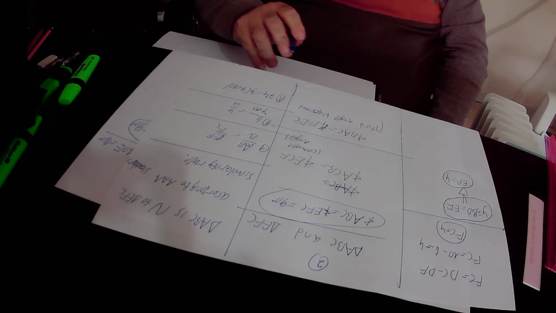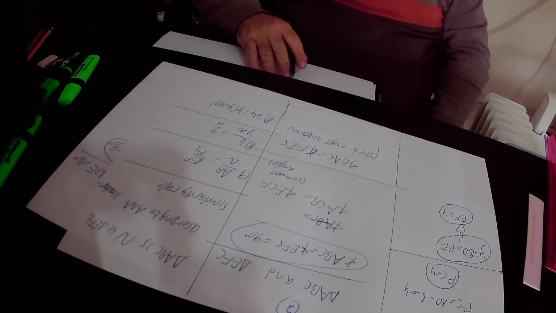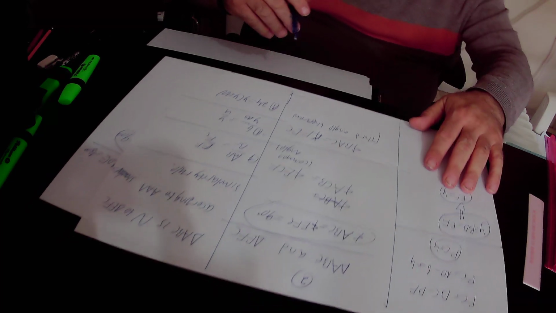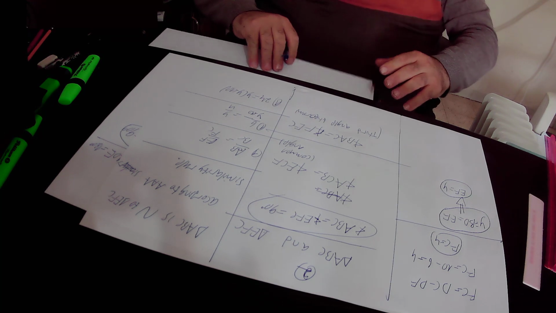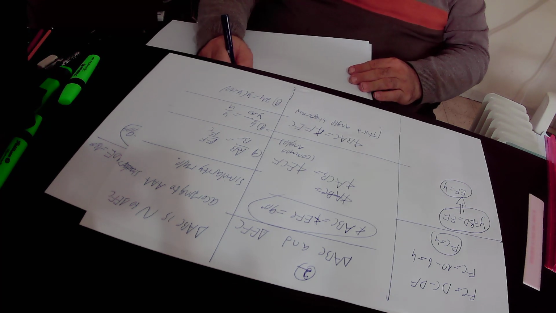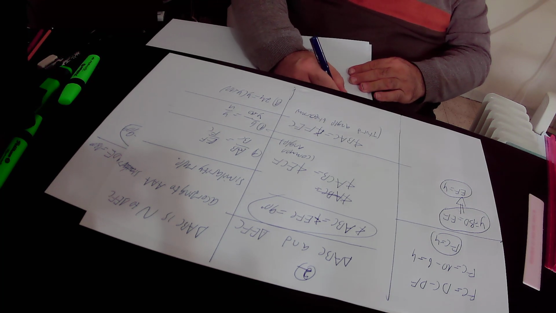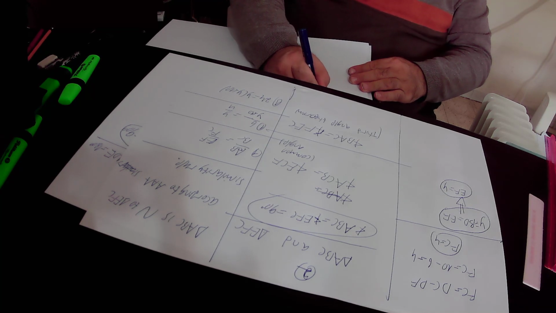Here we will open the brackets on this side of equation number 1, and we will get that 24 equals Y times Y is Y squared, plus Y times 10 is 10Y.